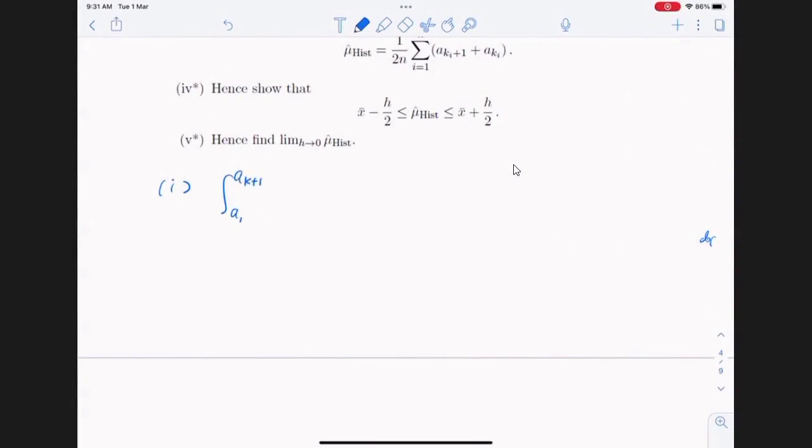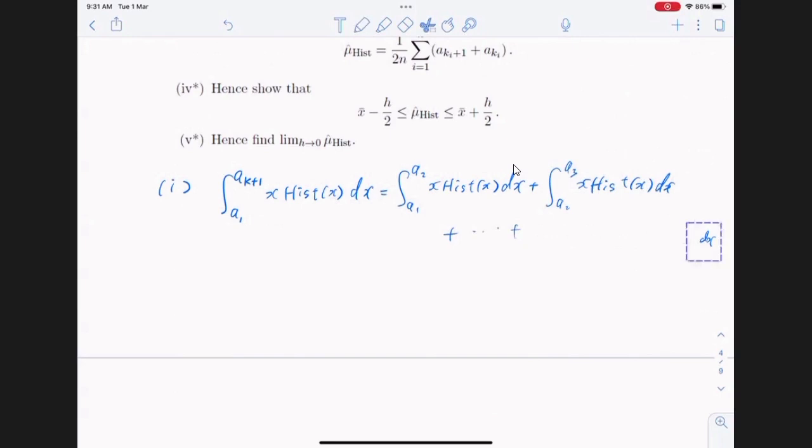Now notice that this is capital K. So this is just the property of integration.